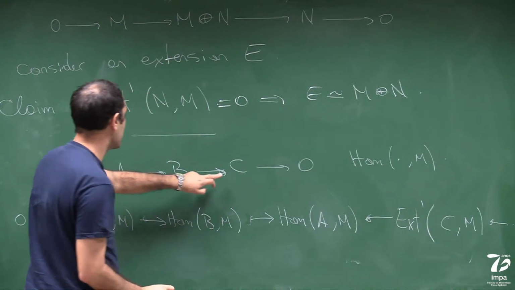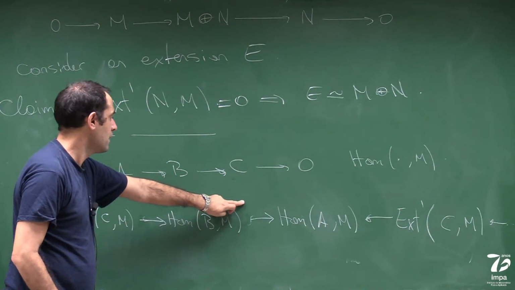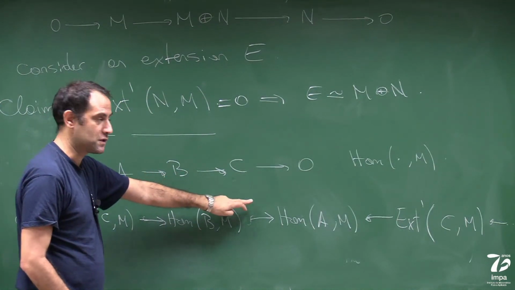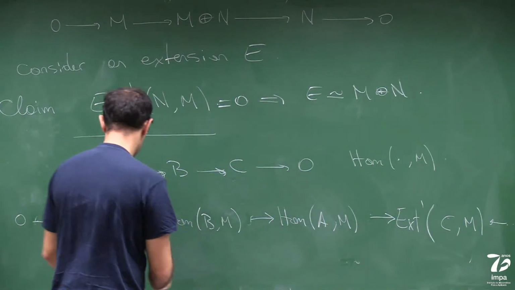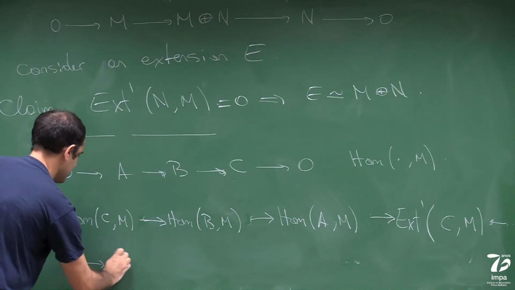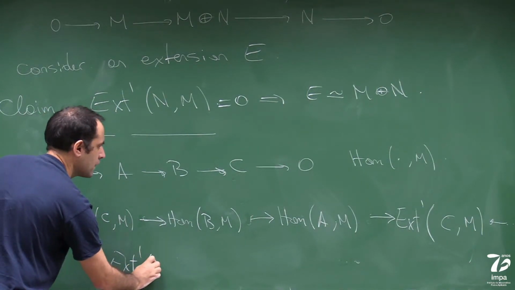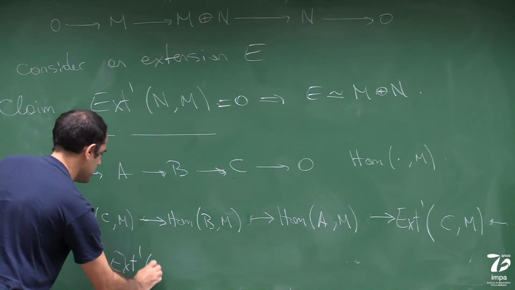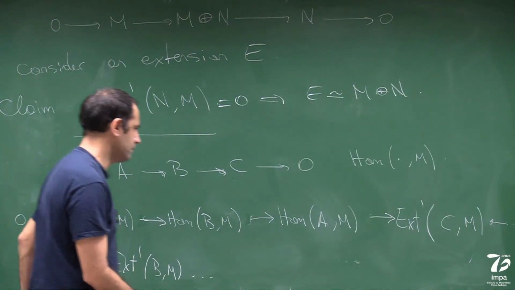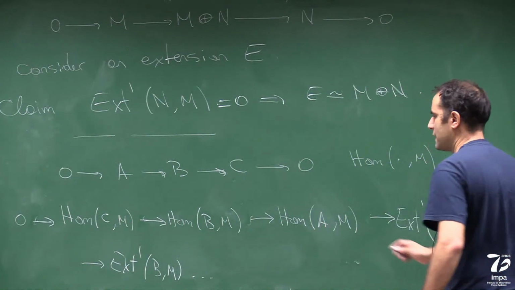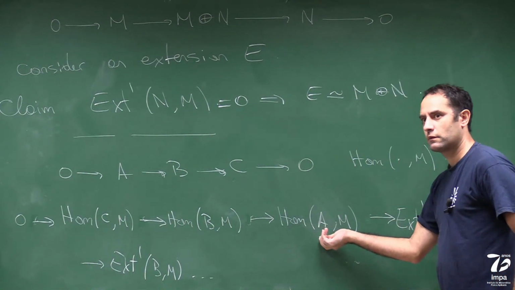If I have a map from C into M, I can lift it to a map from B into M by composition. C, B, M, and so forth. But this sequence is exact at this point. That's all I care about.